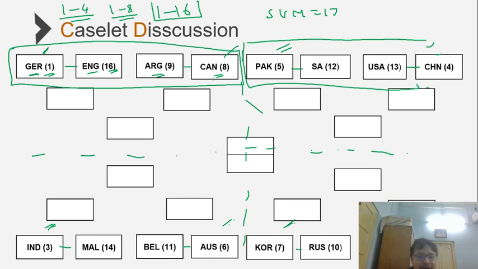So that is the way we mark the names of the 16 teams against the respective rankings. So try solving with this layout in mind.